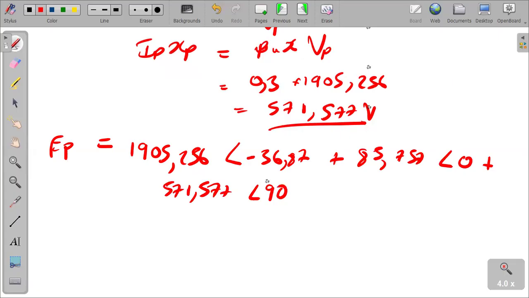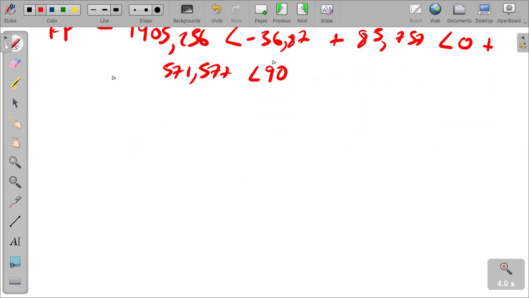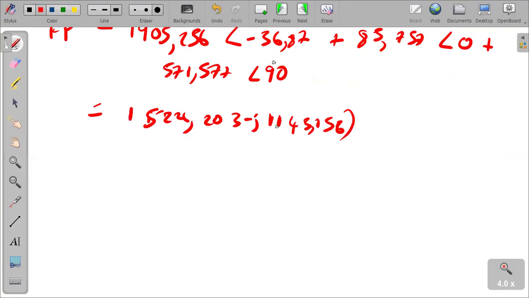We convert them to rectangular one by one. The first one, 1,905.256 angle of negative 36.87, is going to be 1,524.203 minus J1,143.156. That's the first one there. Plus, the second one is 85.757 plus J0 in rectangular.